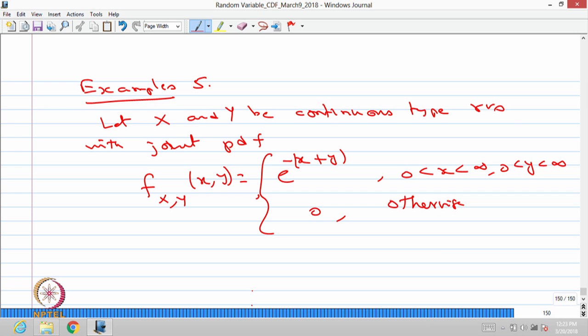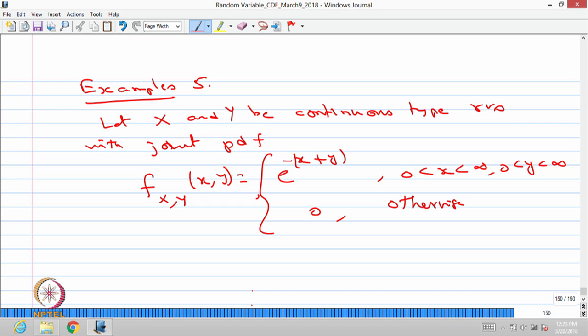We started with the two-dimensional continuous type random variables with the joint probability density function, that is e power minus (x plus y), when x lies between 0 to infinity, y between 0 to infinity.